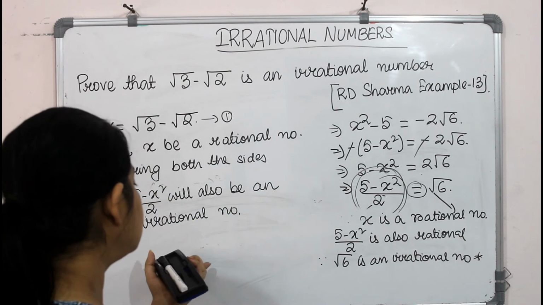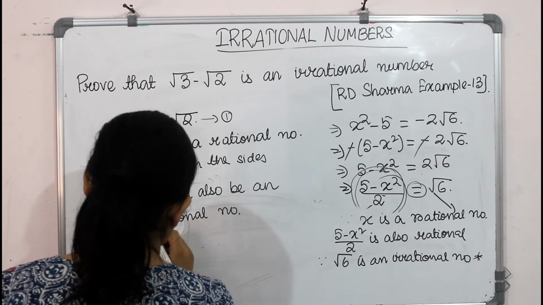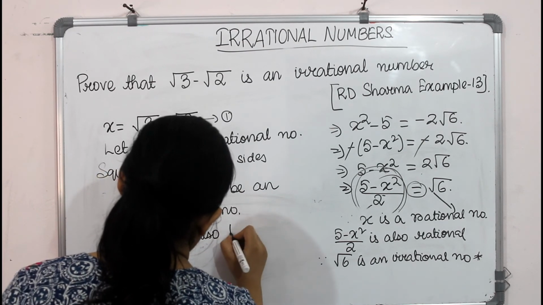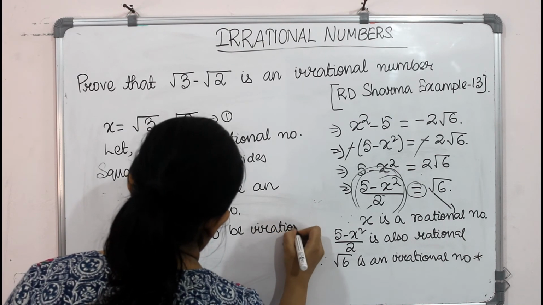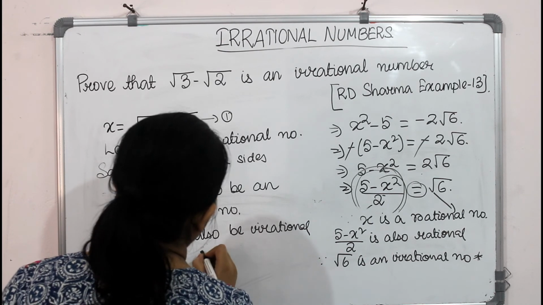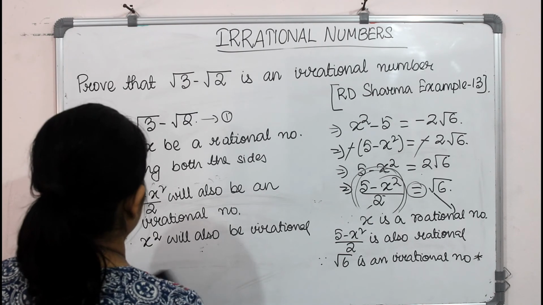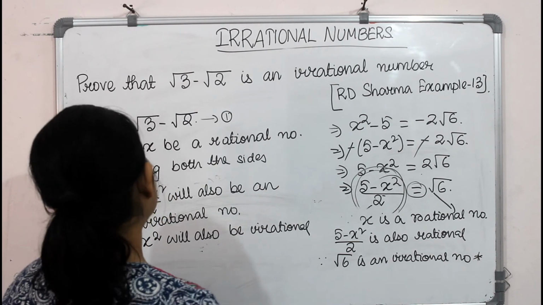So since this is an irrational number, so therefore x square will also be irrational. Okay, so x square will also be irrational.